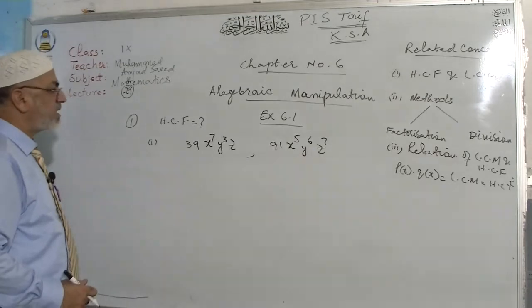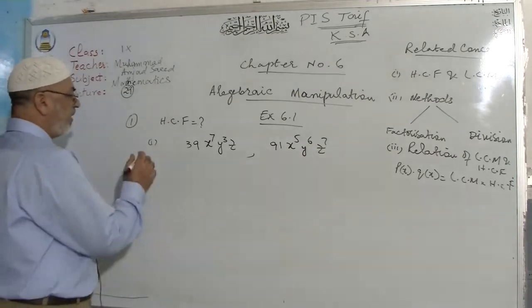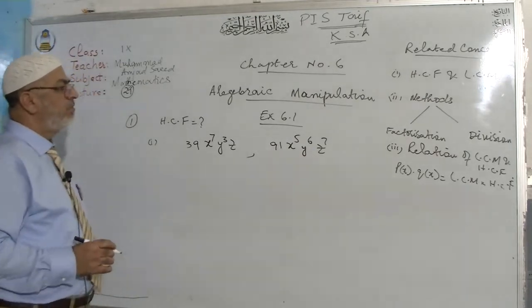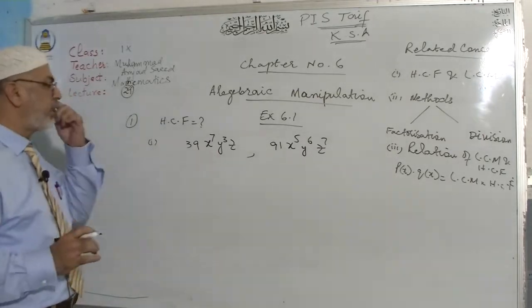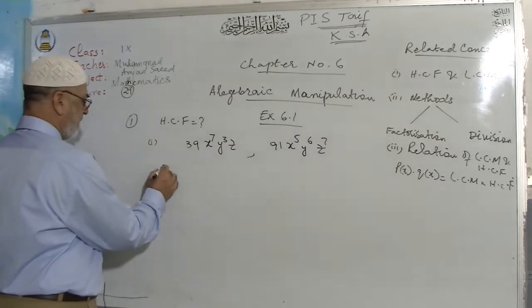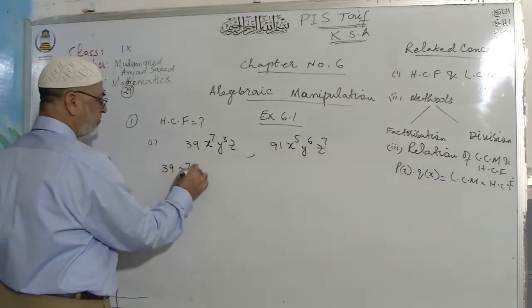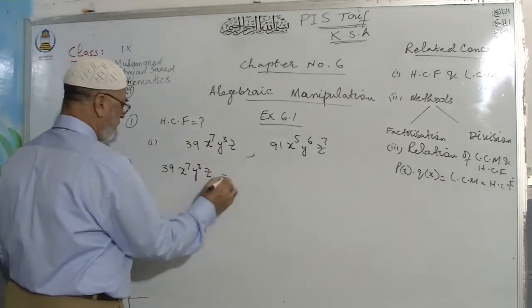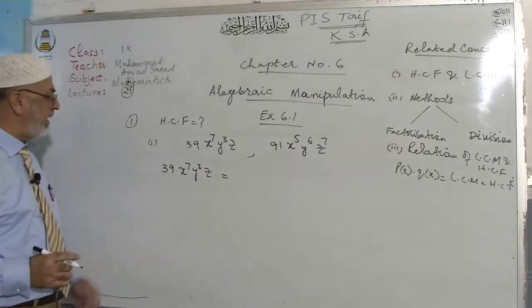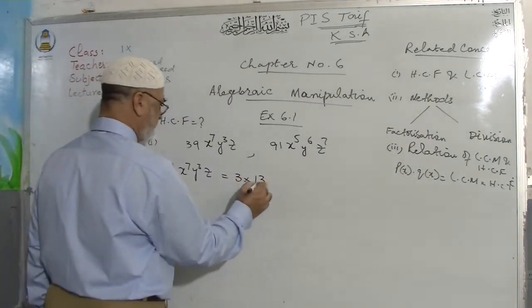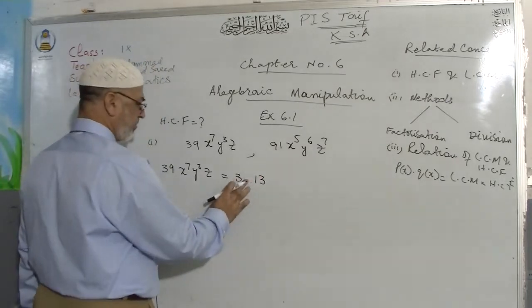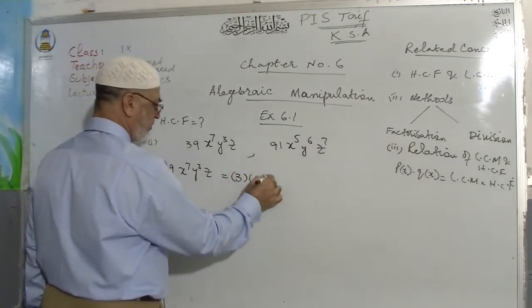Dear students, first of all, we will factorize these numbers, split up these numbers in this way. You can write down 39 as 3 into 13.